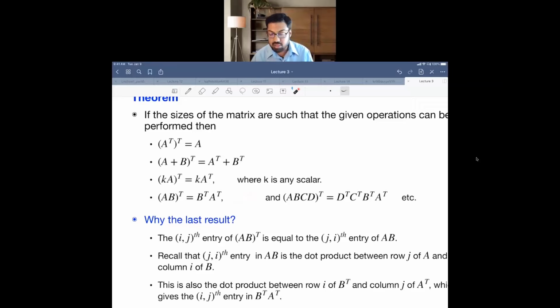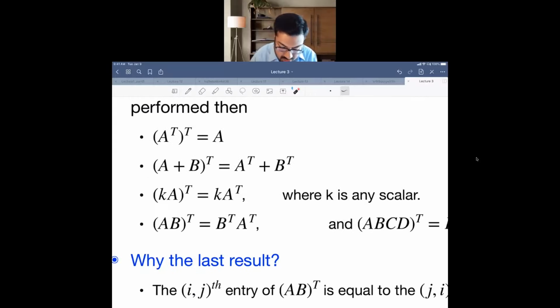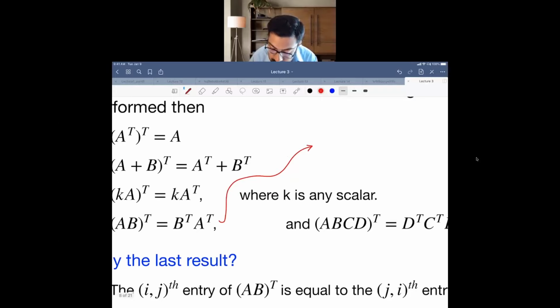And we can prove this in terms of sizes. Let's take a look at how you prove this in terms of size. So let's see how this would work out if you have a size limitation. If A was M by N and B matrix is N by R, then I can do AB transpose, and also B transpose and A transpose.